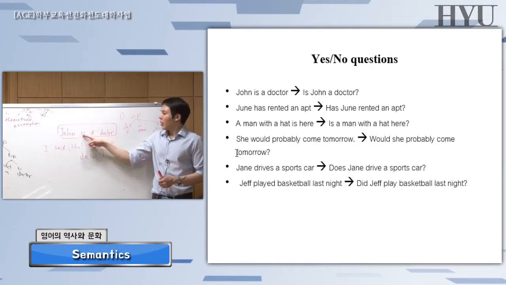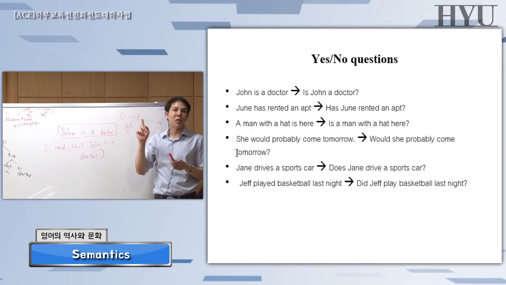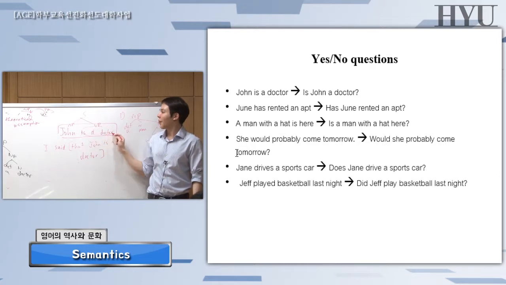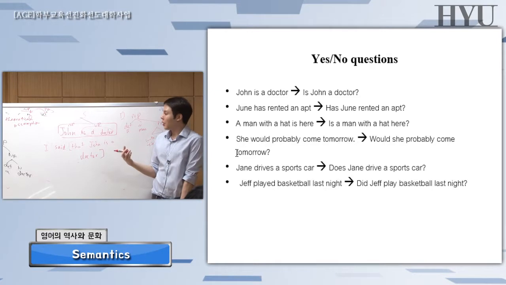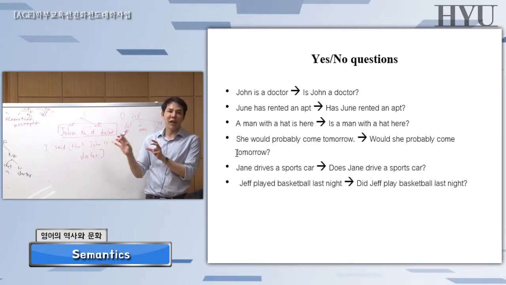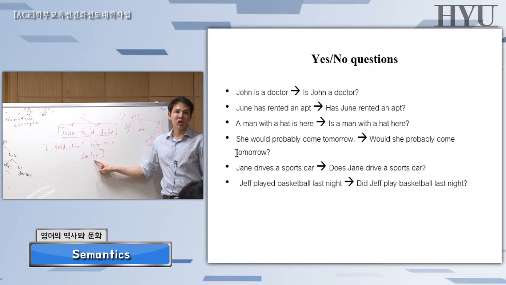Because "John is a doctor" is a statement, right? And it's just a simple sentence with S goes to NP and VP like that, right? Now, there is a possibility that we can embed it in another, longer clause. For example, "I said that John is a doctor," right?